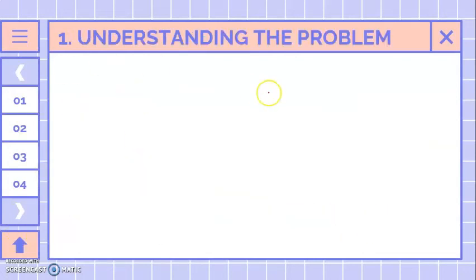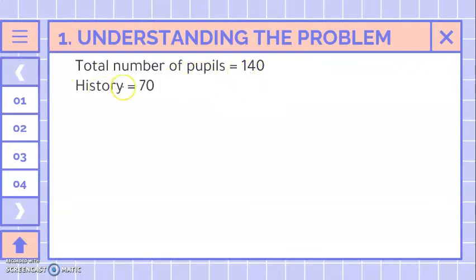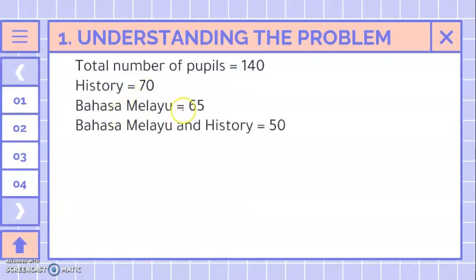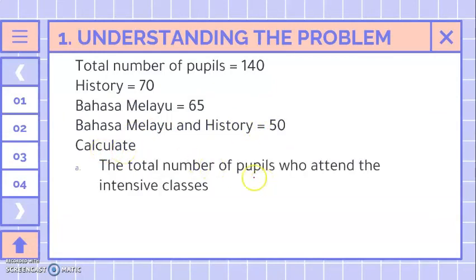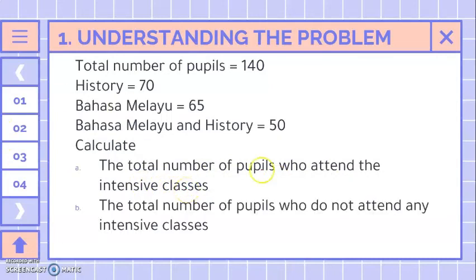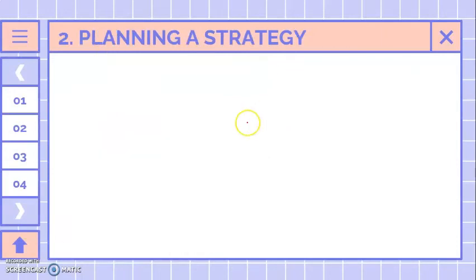Okay, the first step is you need to understand the problem. So you have the total number of people, 140, people that attend history classes 70, for Bahasa Melayu 65, for both Bahasa Melayu and history is 50. So you need to calculate the people who attend and who do not attend any intensive classes.